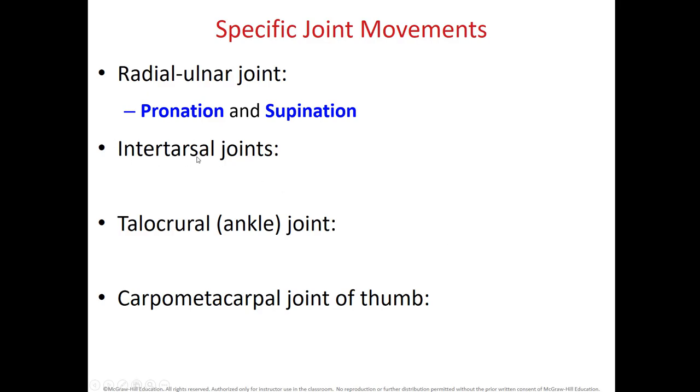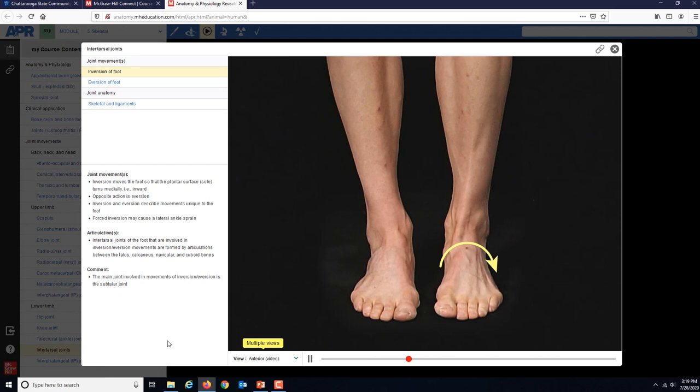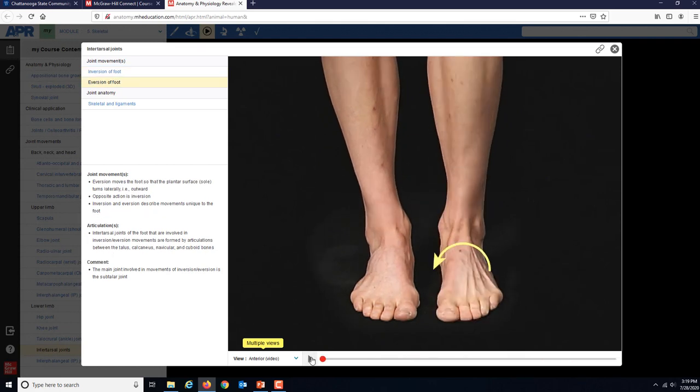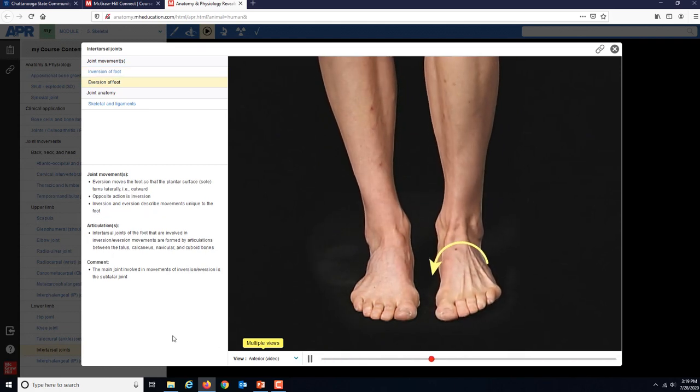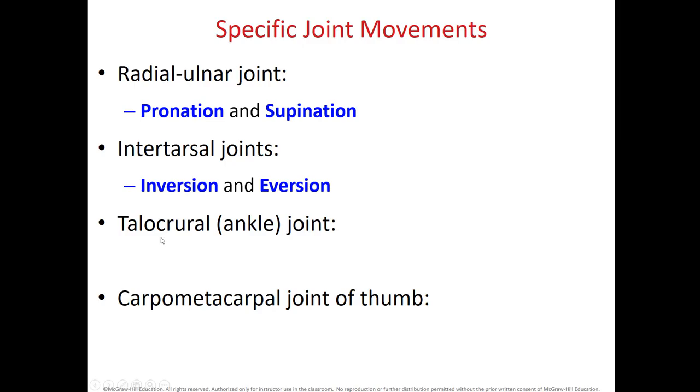Between the tarsals, there are gliding joints. And when we look at the foot, there are two special movements, inversion and eversion. Inversion and eversion. The talocrural joint or ankle joint is between the talus and the tibia and fibula.